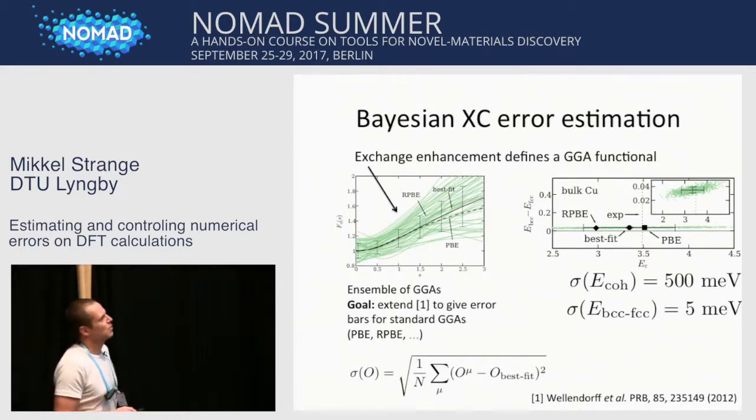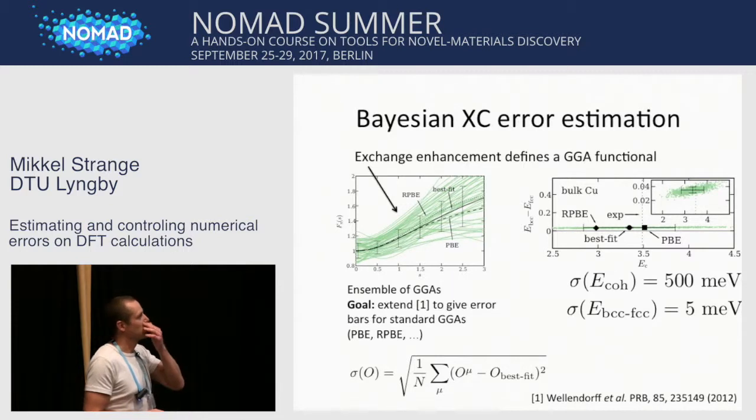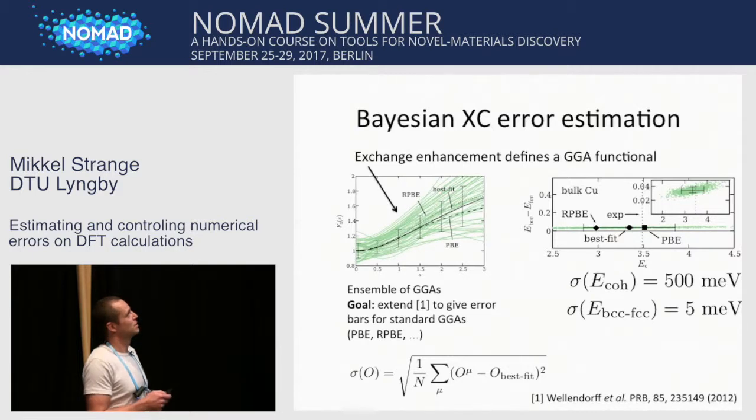Here's one example taken from this paper. If you do the calculation, let's say the electron affinity with all these functionals, you get this large spread of values. If you instead do the energy difference between BCC and FCC, this is for copper, you get a much smaller spread.